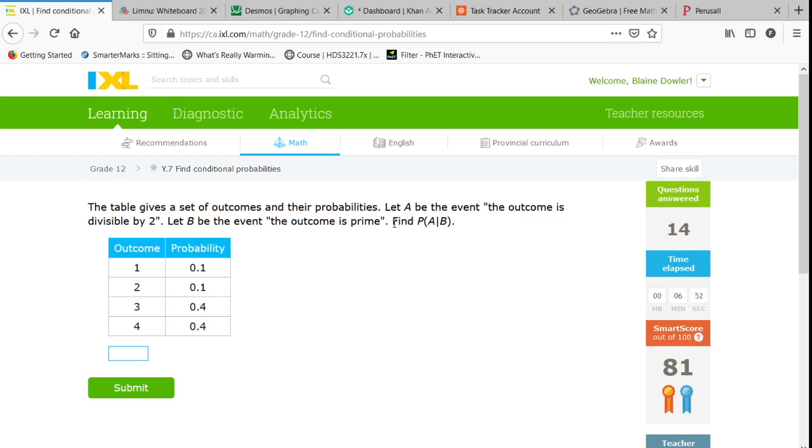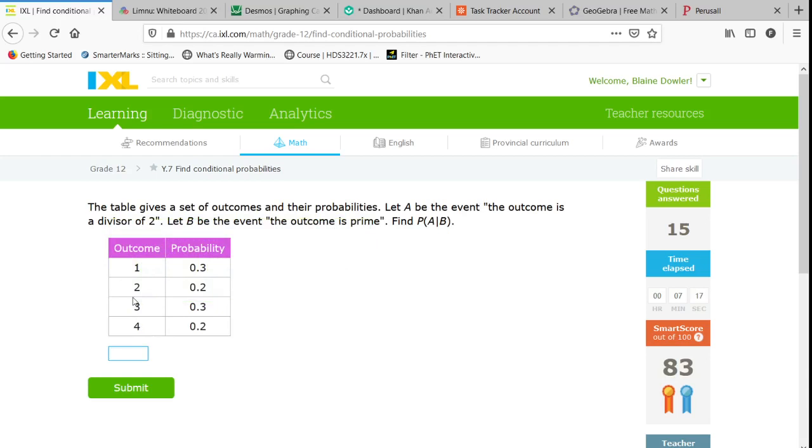So A is the outcome is divisible by 2. That's either 2 or 4. B is the outcome is prime. That's 2 or 3. So 2 is the only outcome that satisfies both. So the probability of A and B is 0.1. The probability of just B is 0.5. 0.1 divided by 0.5 gives us 0.2.